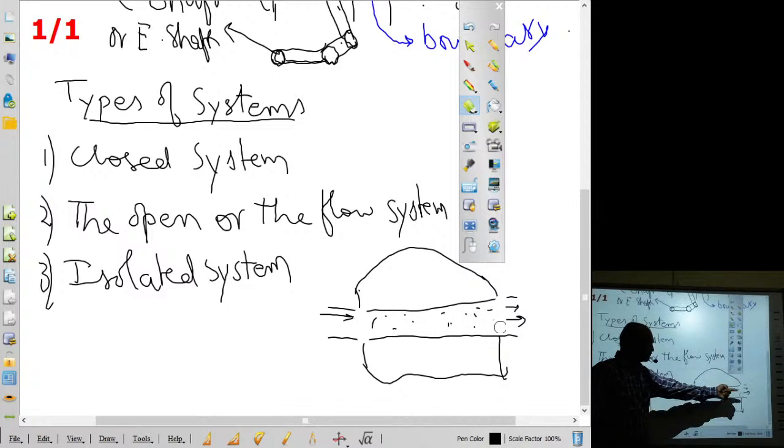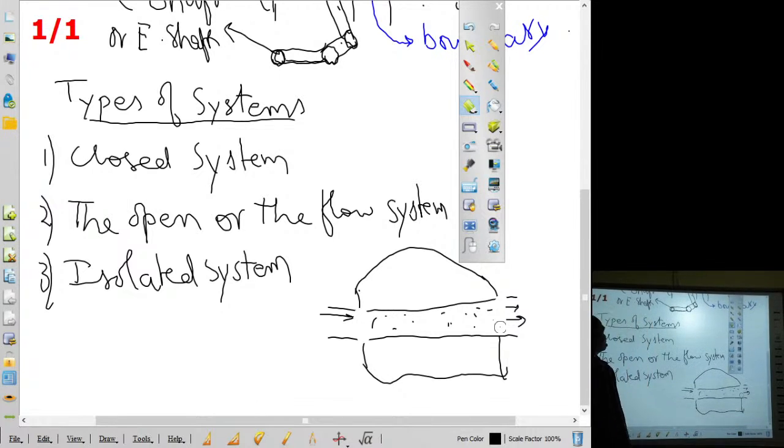If the flow is taking place uniformly, for 5 minutes always 500 grams of the fluid, of the gas or whatever it is, flowing continuously, then that system is called the uniform flow system. Okay. So, closed system, the piston cylinder arrangement was the example, with gas filled inside and a boundary selected inside the cylinder.